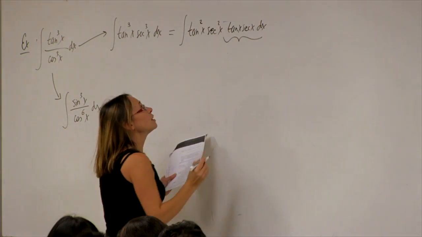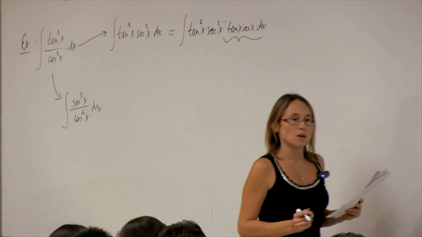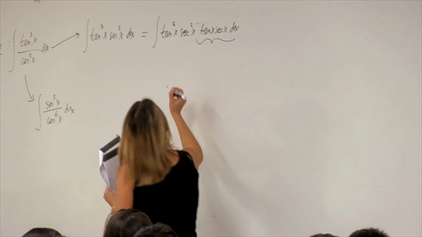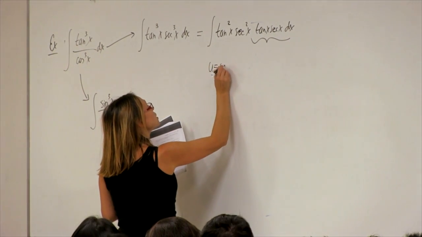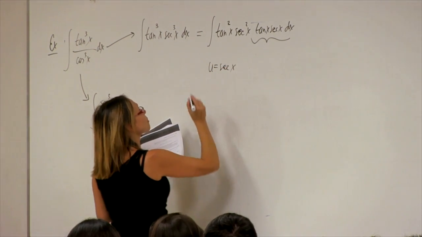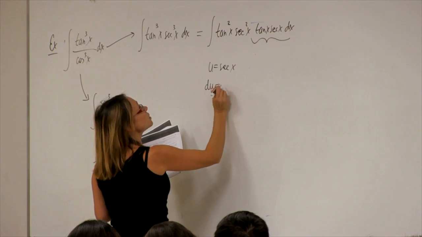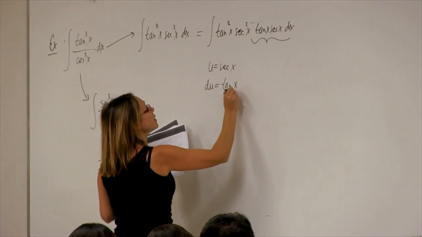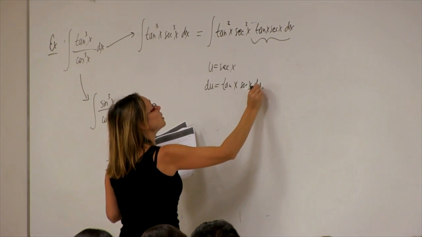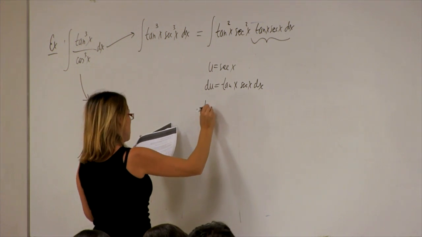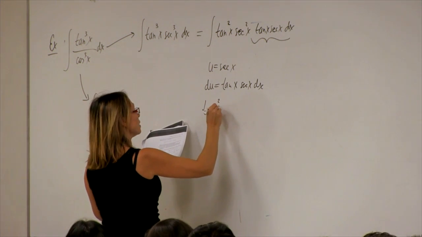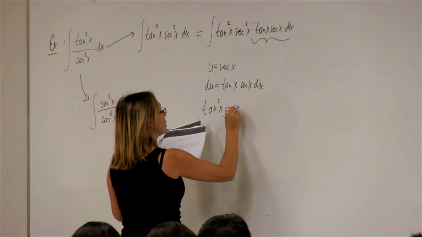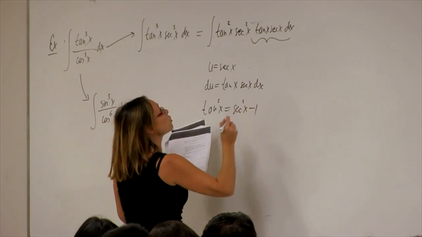So this whole thing is a derivative of a secant, which suggests that I take u equals secant x. Okay, du is tangent x secant x dx. How about tangent squared? Tangent squared is secant squared x minus 1.